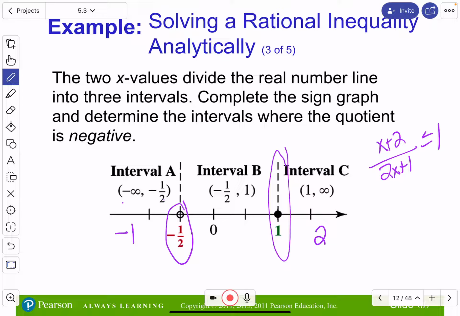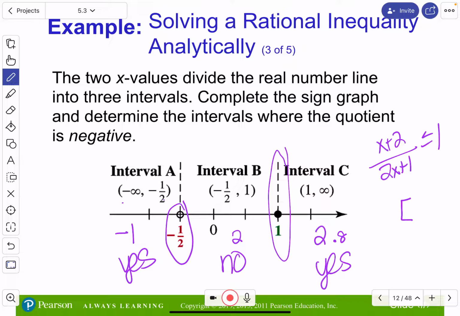So x plus 2 divided by 2x plus 1: if I plug -1 into that equation, I get -1. So -1 is less than 1. That works. If I plug 0 in, I get 2. 2 is not less than 1, so that doesn't work. And if I plug 2 in, I get 0.8, which is less than 1, so that works.